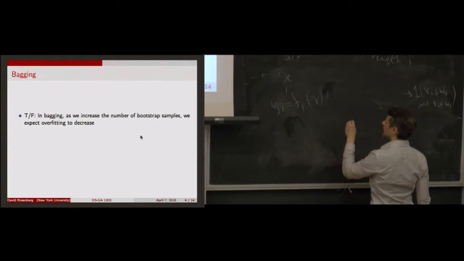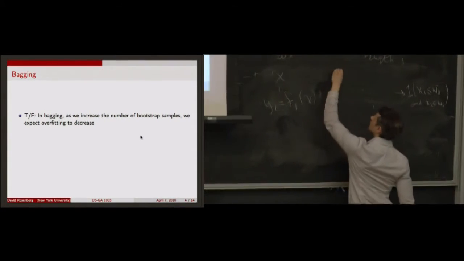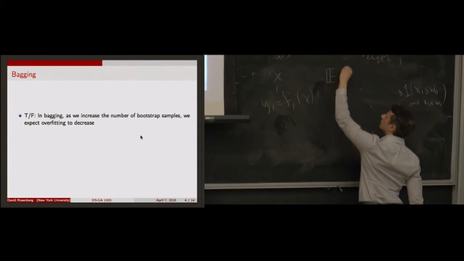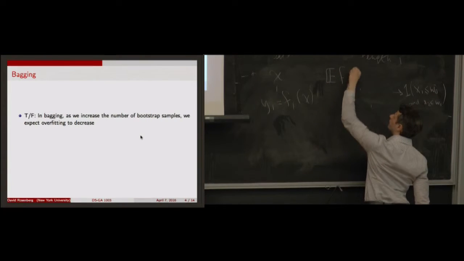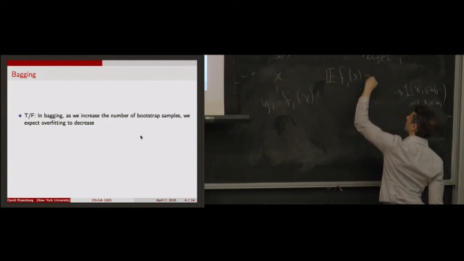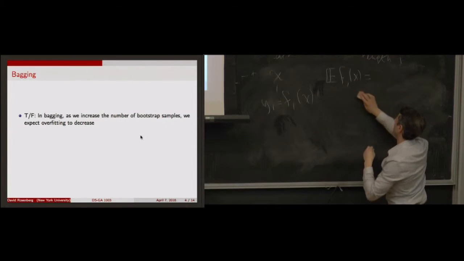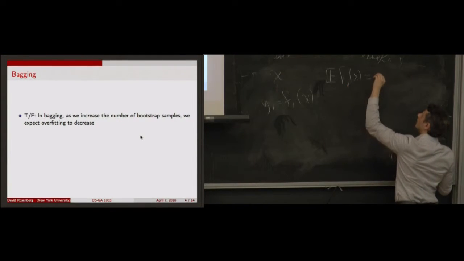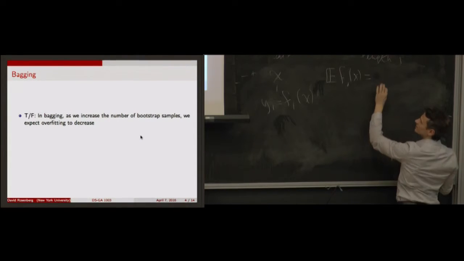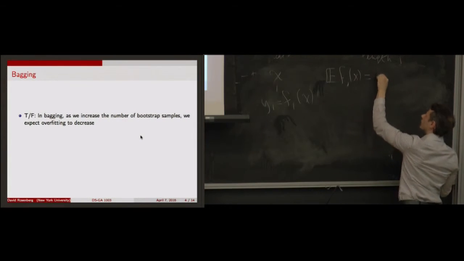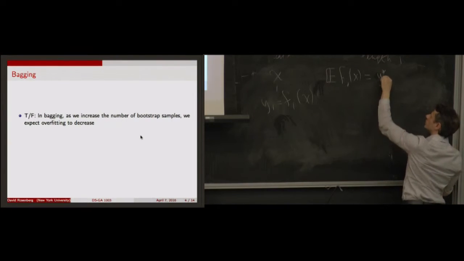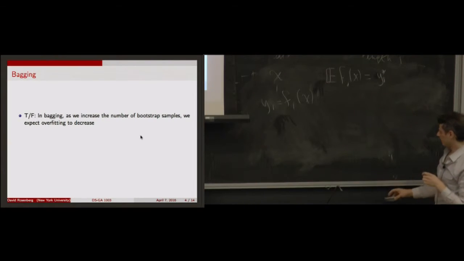And so we could also talk about the expected value of f1 of x. And let's call that, I don't know, y1. No, let's call that y star, y1 star. Okay, fine.